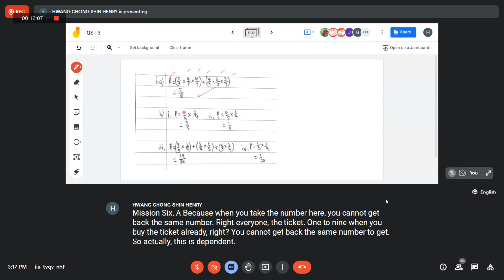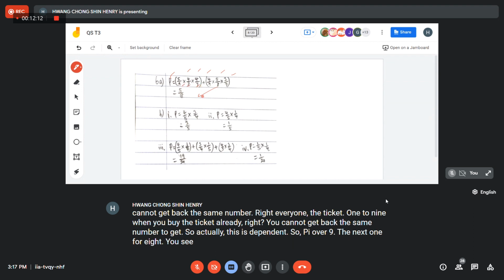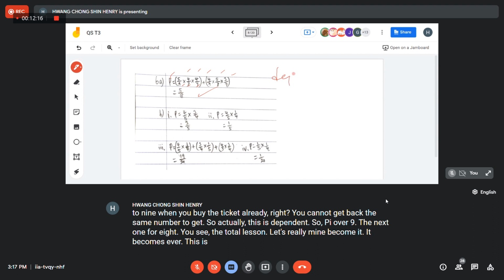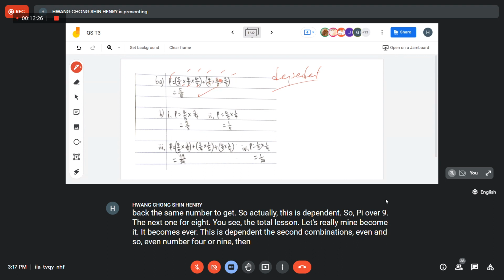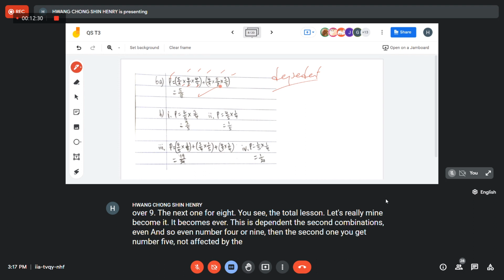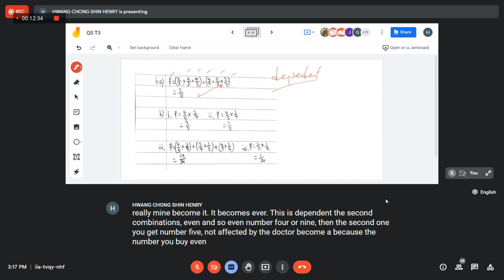So 5/9, the next one 4/8. You see the total gets less and less: 9 becomes 8, 8 becomes 7. This is dependent. The second combination: even, odd, even. So even number 4/9. Then the second one you get odd number 5, total becomes 8, because the even number you took is gone.